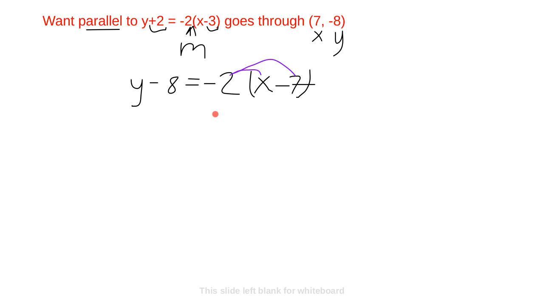So what would you have? What can you guys type it? What is negative 2 multiplied by x subtract 7? Negative 2 multiplied by x, and then negative 2 multiplied by subtract 7. We're distributing that or multiplying that.